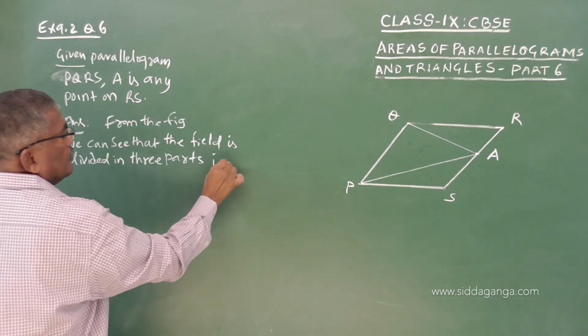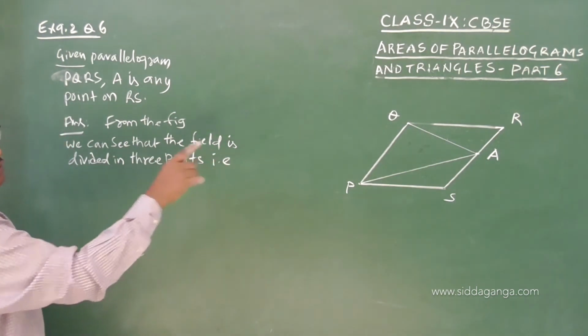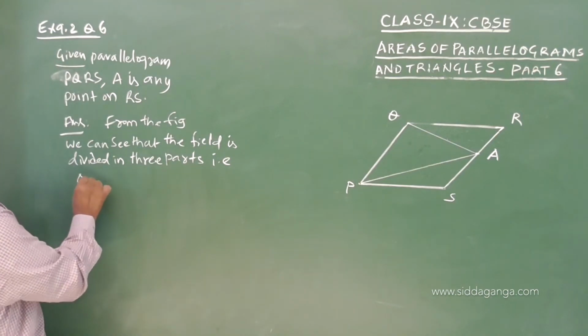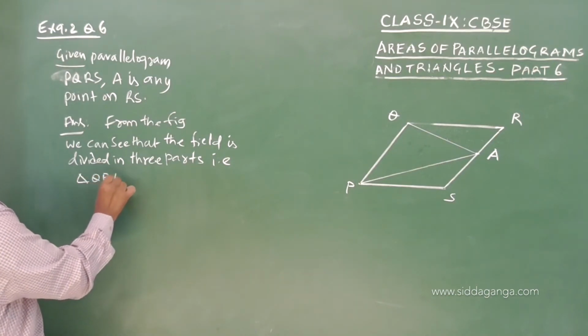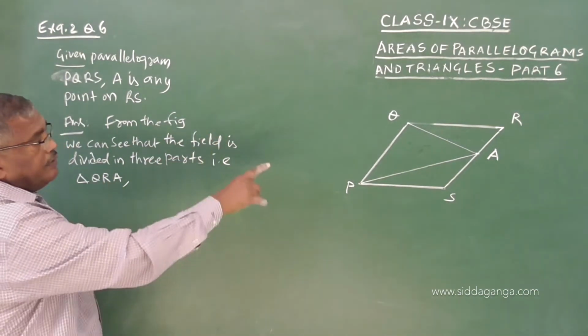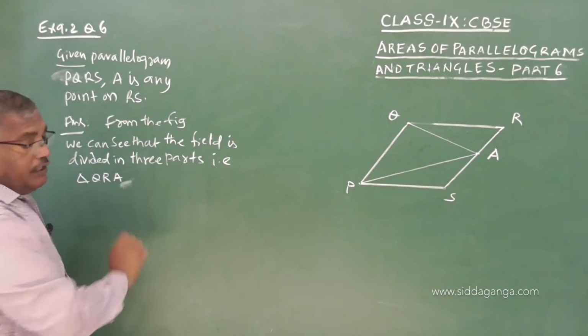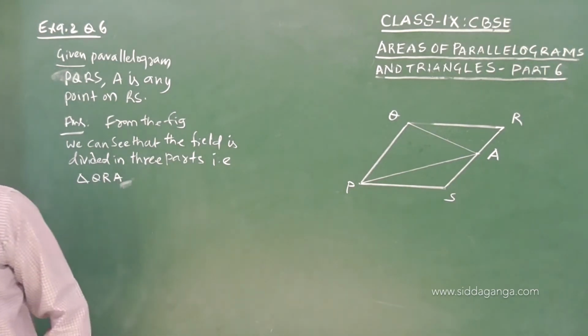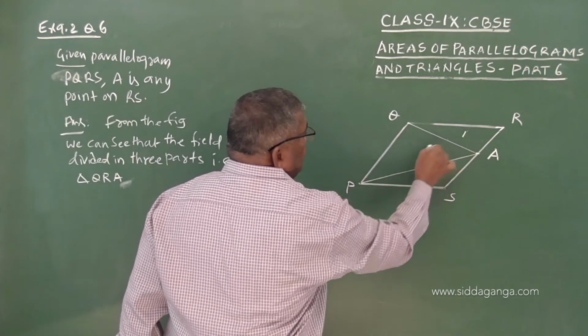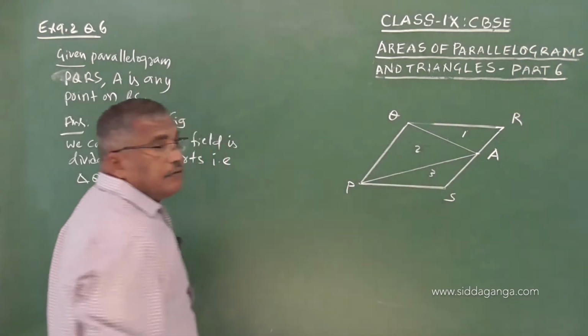That is, what are those? So, triangle QRA, you can observe, QRA. See this, 1, 2, 3, let us see.